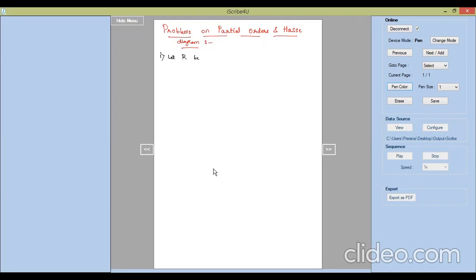Let R be a relation on the set A equal to {1, 2, 3, 4}, defined by x is related to y if and only if x divides y.